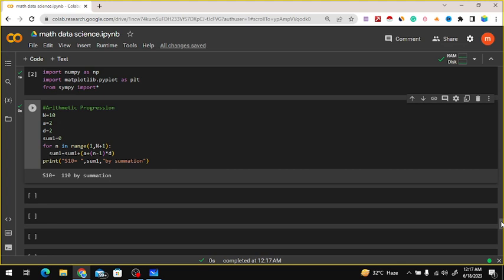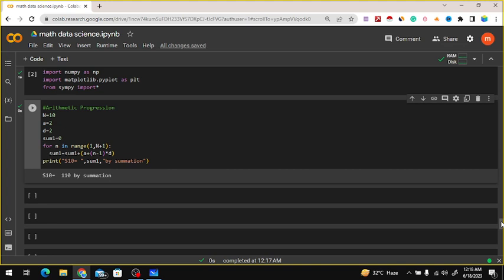Similarly, we can also do a GP, where a r to the power n minus 1 is the GP. How do we get the r? It is the second term divided by the first term. And similarly, the sum of GP terms: Sn should be equal to a times bracket start 1 minus r to the power n, divided by 1 minus r.